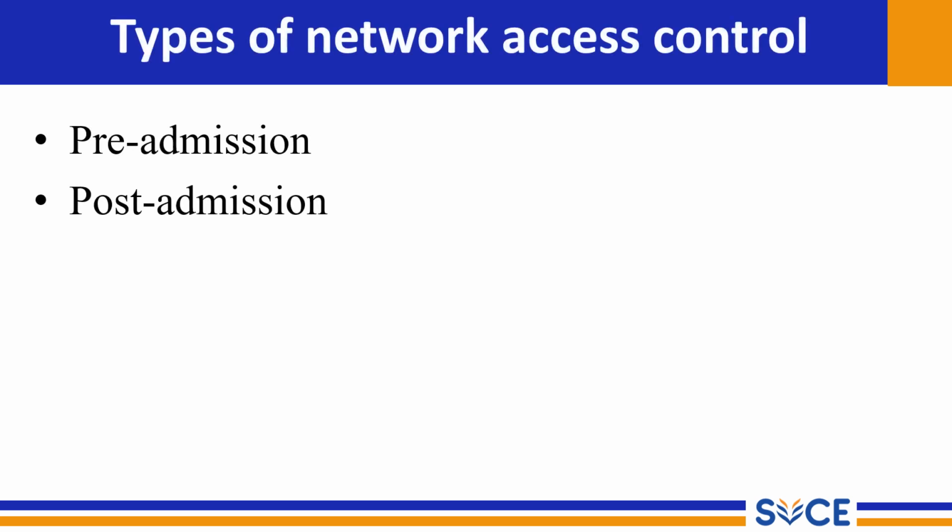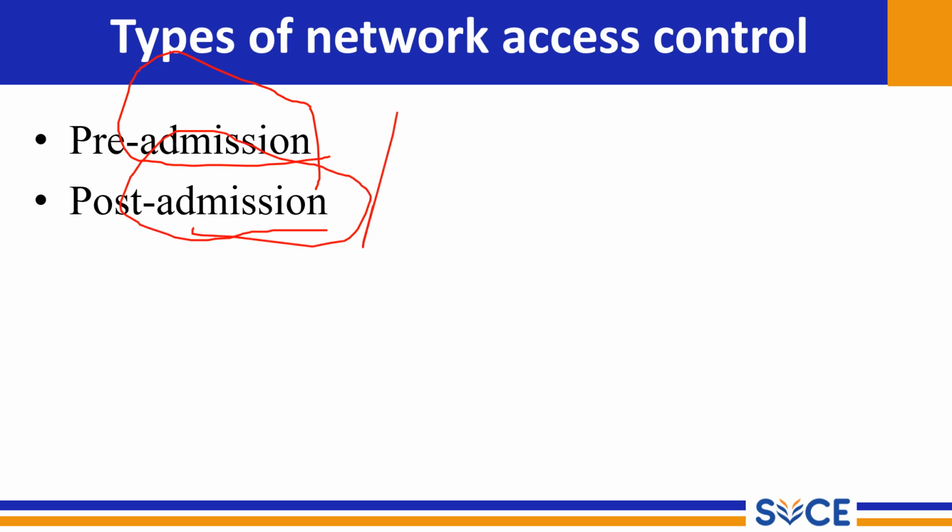Next, we are going to discuss the types: first one is pre-admission, second one is post-admission. So what is meant by pre-admission and post-admission is that these are two types of network access control. Pre-admission evaluates the access attempts and only allows entry to authorized devices and users.